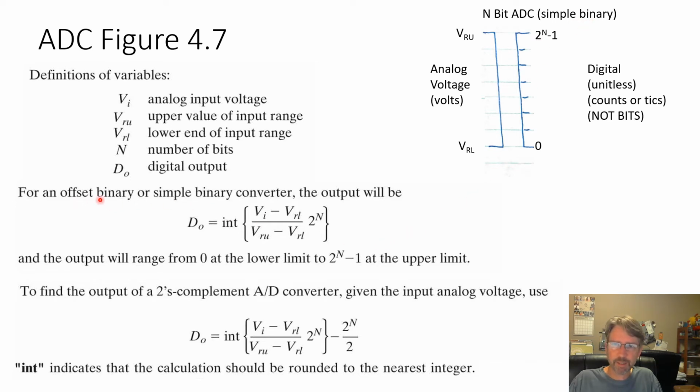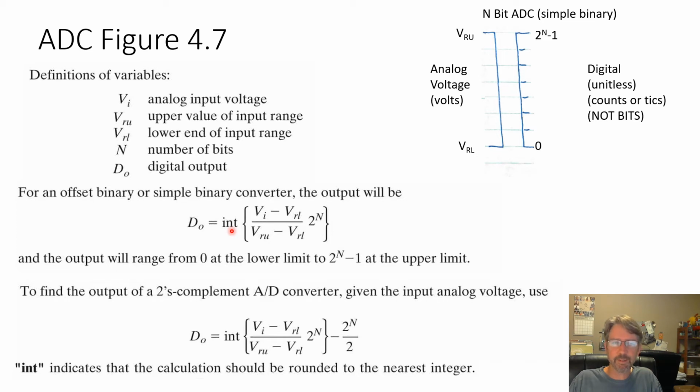So simple binary is the one that you'll see almost all the time, and this is the equation with an input voltage VI and then the range voltages and the number of bits. Int here means you round it off. It has to be a whole number. Some A to Ds round off, some truncate, round down all the time.